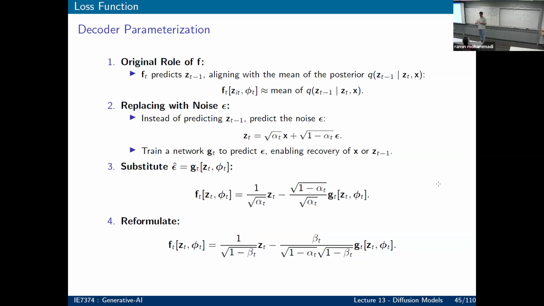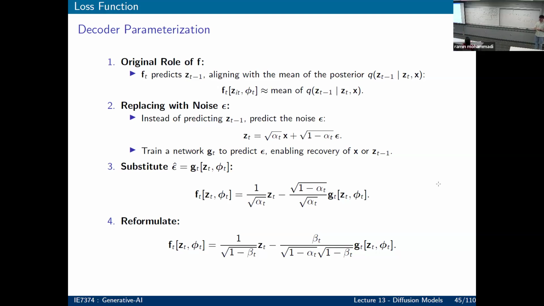Remember the reparameterization trick we saw in the VAE? During backpropagation, you had this stochastic node, and we said, okay, let's reparameterize it so it becomes more deterministic. Here also, this noise is stochastic. It's a random noise. Instead of finding that noise directly, could we use another model to predict the noise?